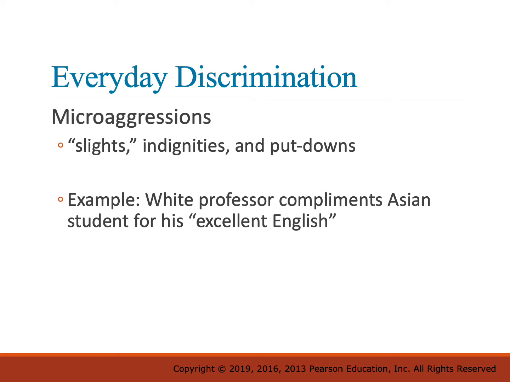So think about experiences of discrimination that you've experienced, that you've had or that you've seen occur. Discrimination based on your skin color or your gender or your sexual orientation or your age or your religious affiliation or your membership in any group, right?